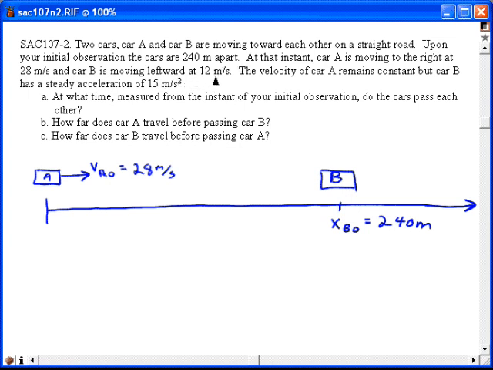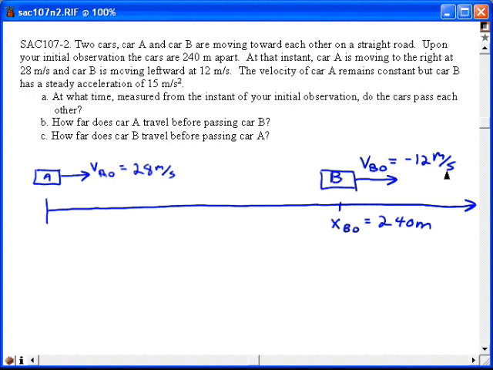Car B is moving leftward at 12 meters per second. I know it looks a little strange, but I'm going to put that on there as car B has a rightward velocity that I'll call VB0, but it's equal to negative 12 meters per second.